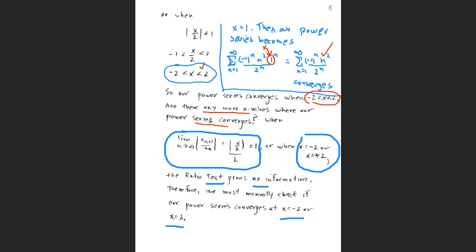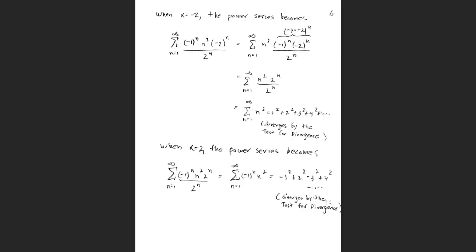All right, well, let's go ahead now and check at x equals -2 and x equals 2. Let's check how the power series behaves for those x values. Yes, Clea.